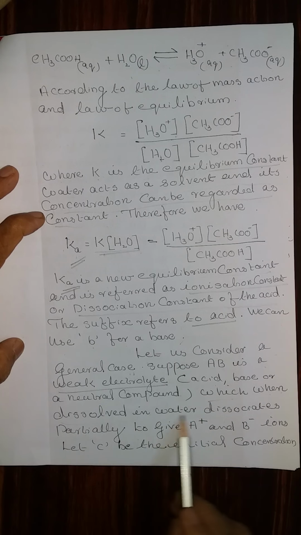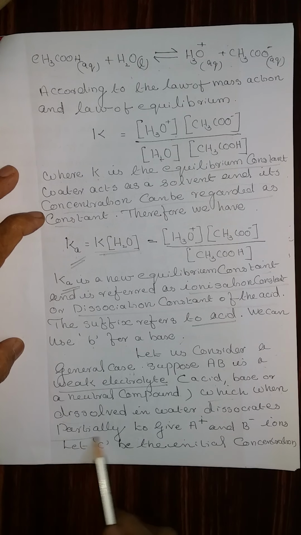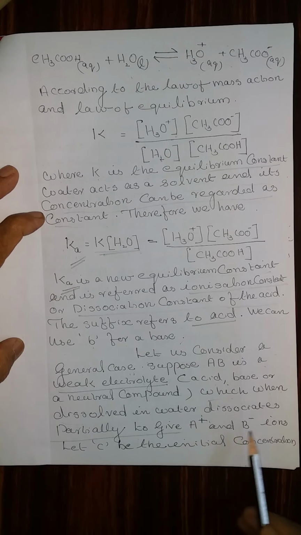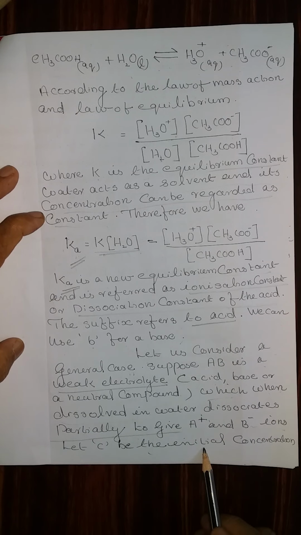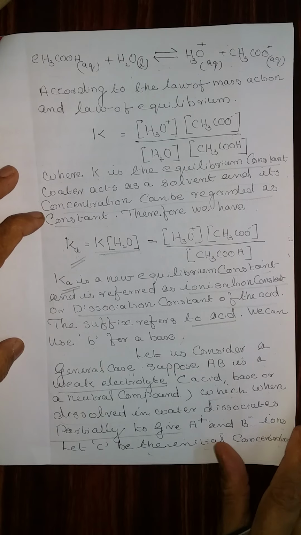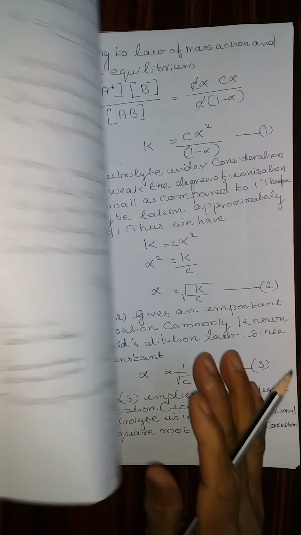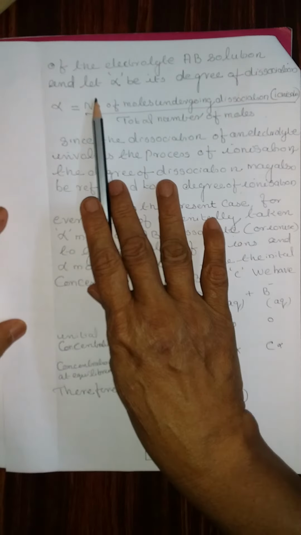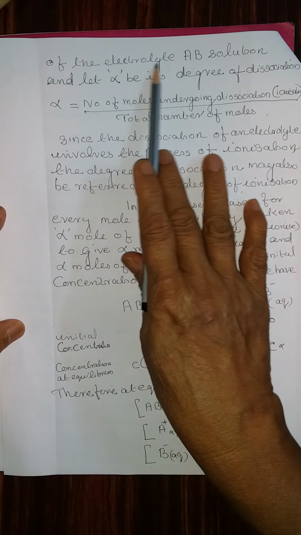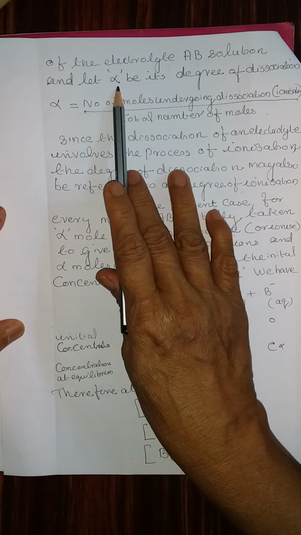which when dissolved in water dissociates partially to give A plus and B minus ions, and C is the initial concentration. That means it is undergoing dissociation, of an electrolyte AB in solution, and C is the concentration of the electrolyte.